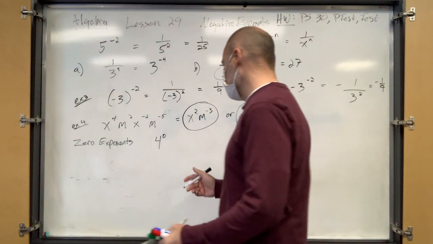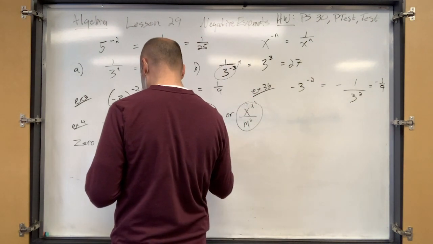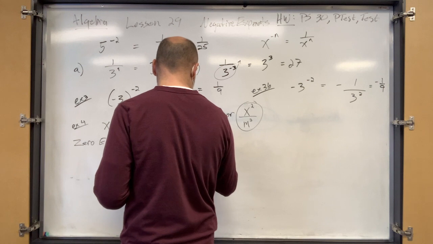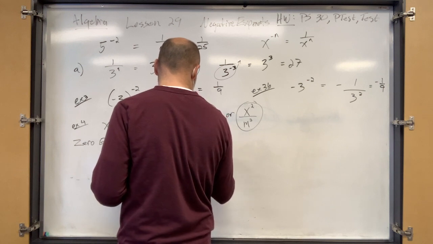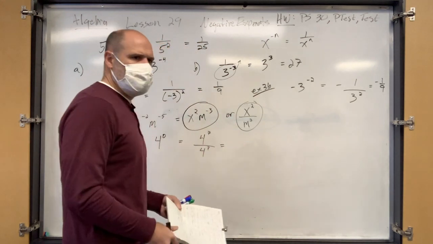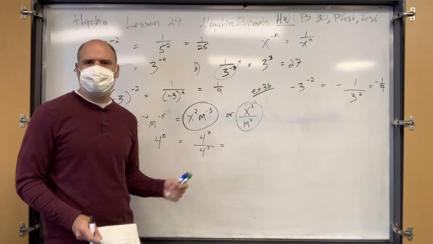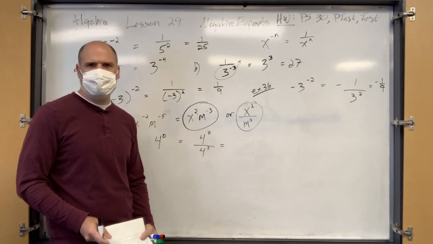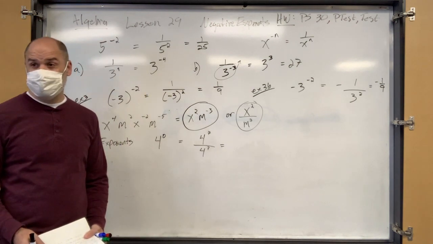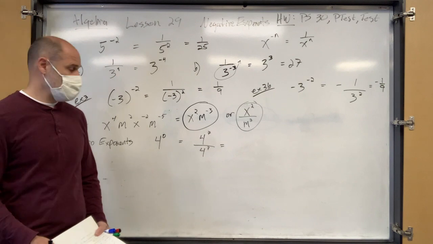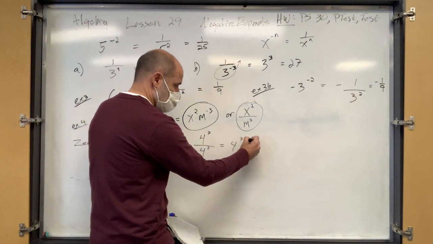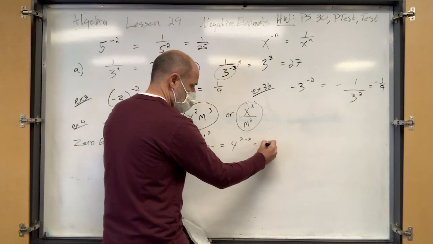So what's the rule if you have 4 to the 7th over 4 to the 7th? What do you do with the exponents when you're dividing ones with similar bases? Subtract. Yep, you subtract. So that equals 4 to the 7 minus 7, which is 4 to the 0, right?